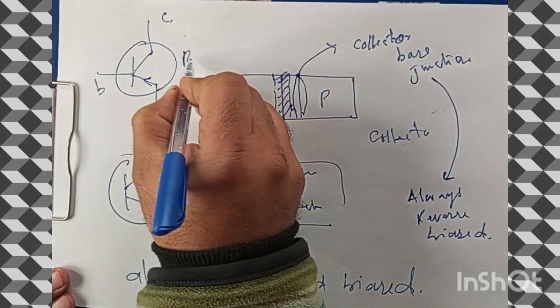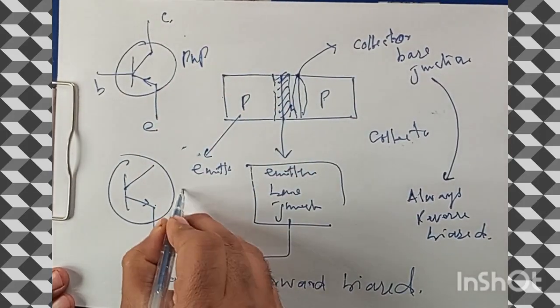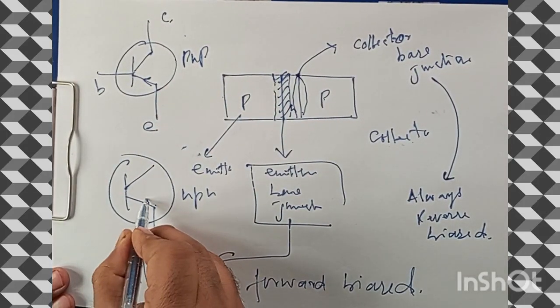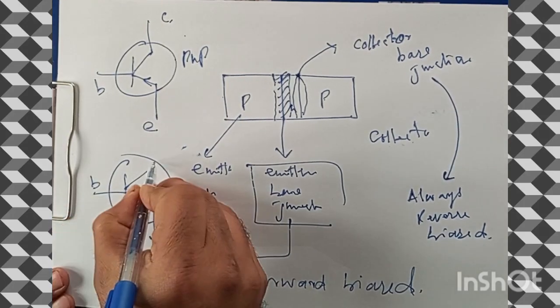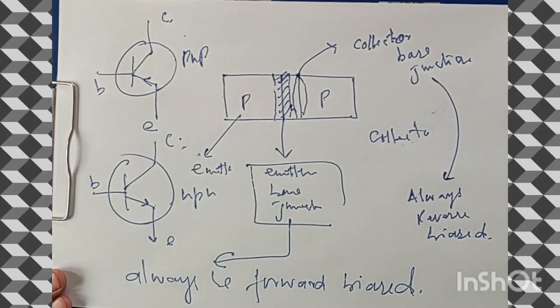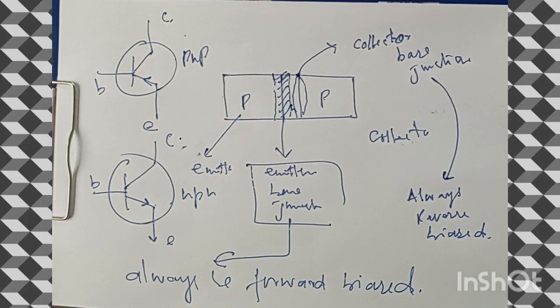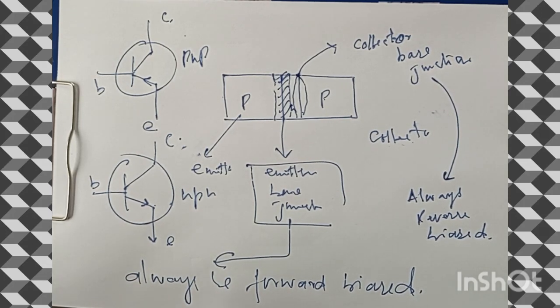This is PNP and this is NPN by virtue of the arrow. So in this video we have come across the basic understanding of the symbolic presentation of a transistor, what a transistor is, and what it is made up of. In the next video, we will be discussing the working of a transistor.